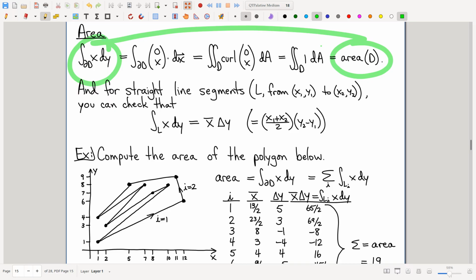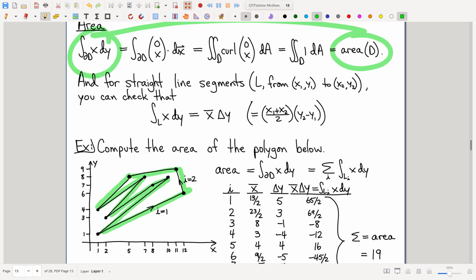Okay. Now, how do we compute this? Well, I would need to compute around the entire boundary of whatever my region is, and that's super inconvenient, you might say, but check this out. On any given single line segment, you could totally compute the integral of x dy.